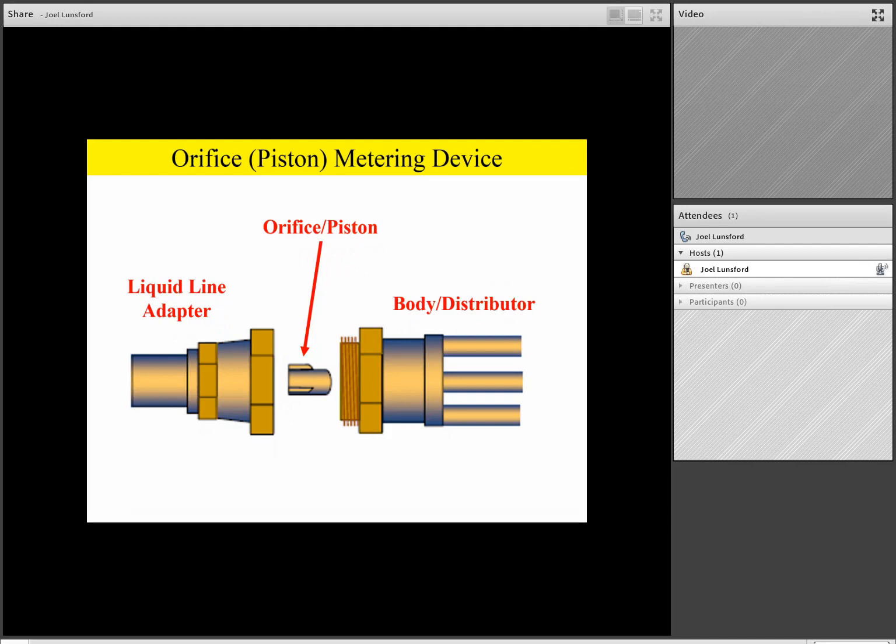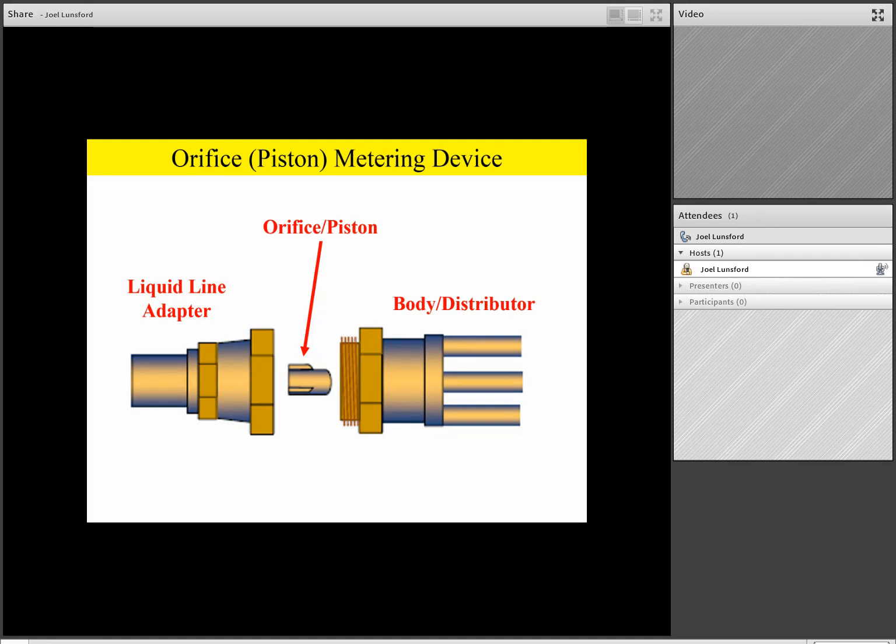The orifice or the piston is nothing more than a piece of brass with a hole drilled in it. It has a special design so that it will seat inside the body or the distributor and allow that liquid refrigerant to go through the middle of that orifice, and the size of that orifice will determine how much refrigerant is being sprayed into the evaporator coil.